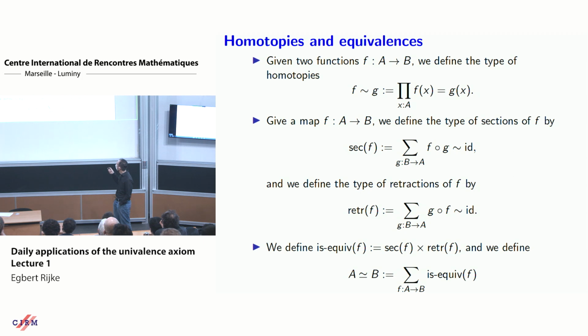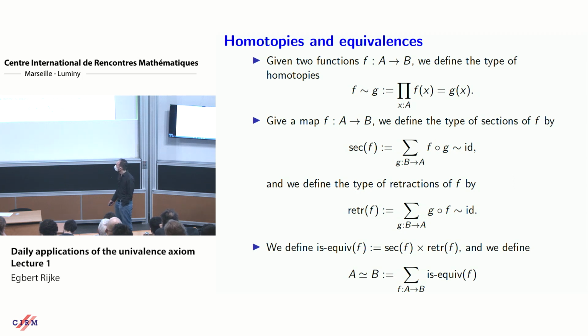And the type of all of these is the type of all sections. And the same for retraction, but now g is a left inverse of f. And when you put these two together, you get is-equiv of f. So is-equiv f is the product of the type of sections of f and the type of retractions of f.